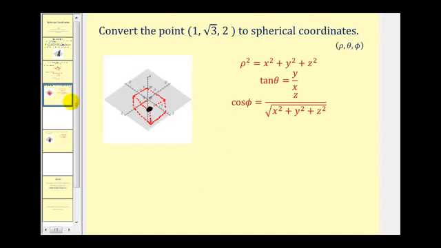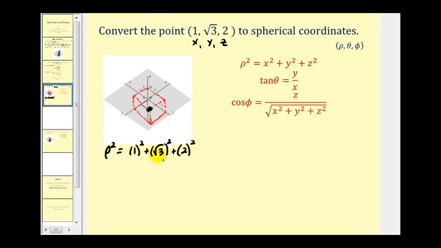Here we have the point (1, square root 3, 2) in rectangular coordinates. We want to convert this to spherical coordinates. So we need to use the x, y, and z values to come up with rho, theta, and phi. We can use this first equation to find rho since we know x, y, and z. Rho squared will equal 1 squared plus square root of 3 squared plus 2 squared.